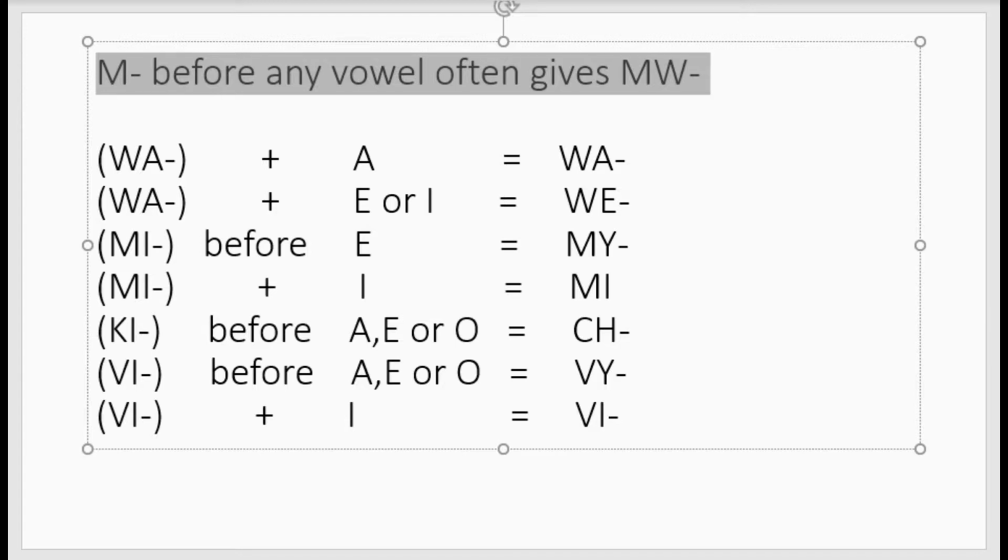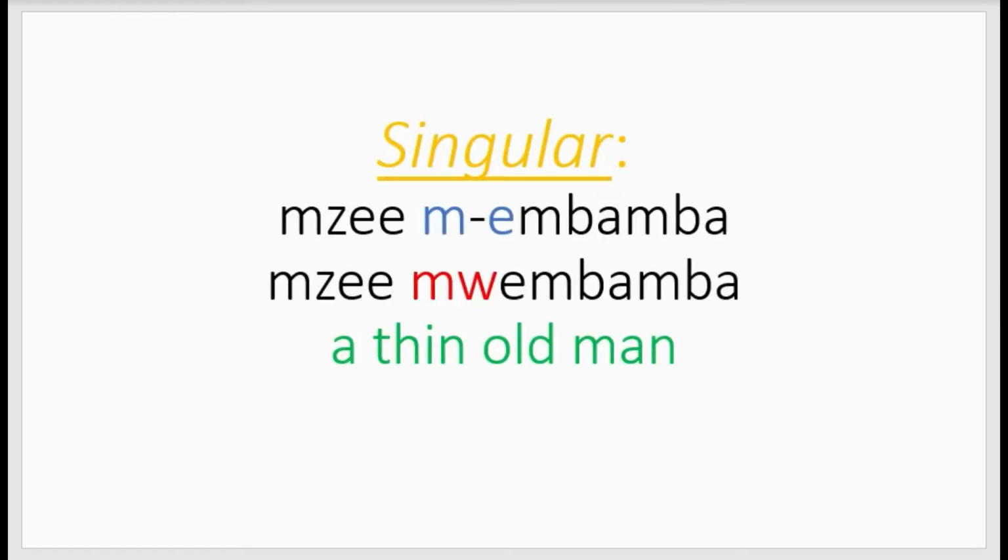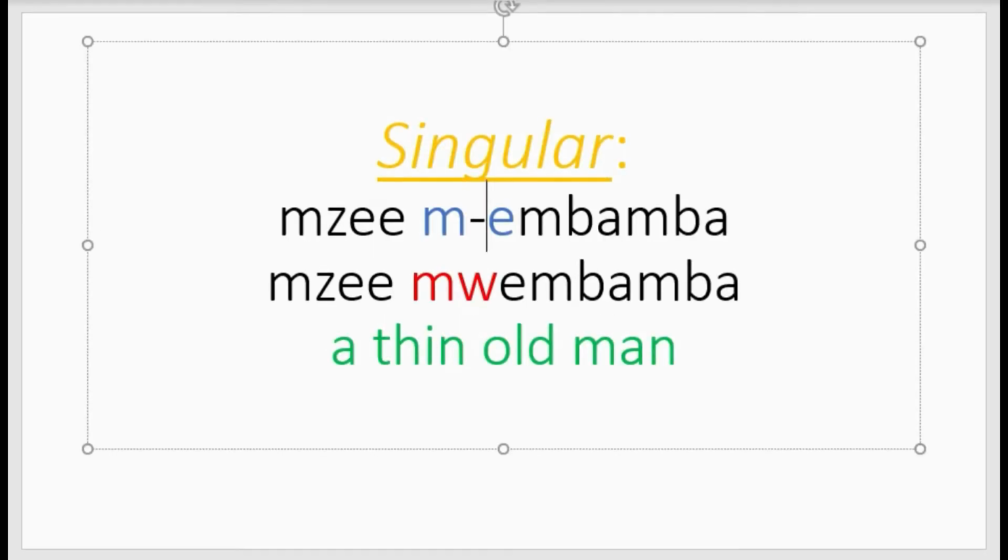Now if there is a, it becomes mwe. Back to our sentence here, there is a, and we get mwe.